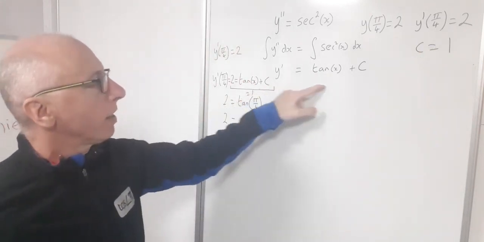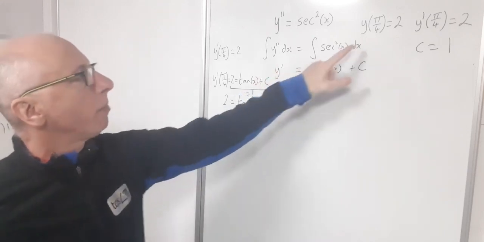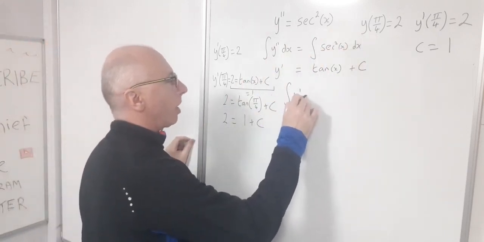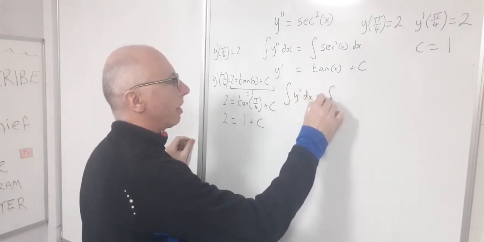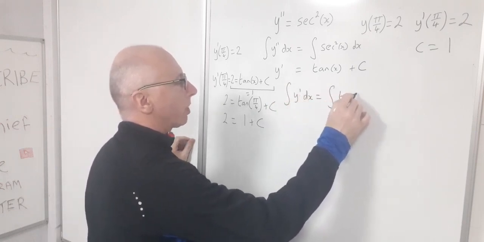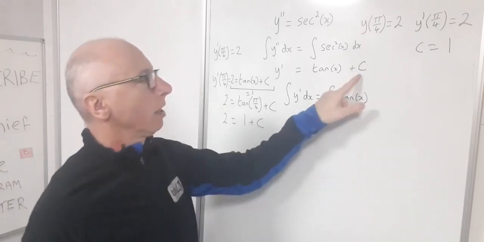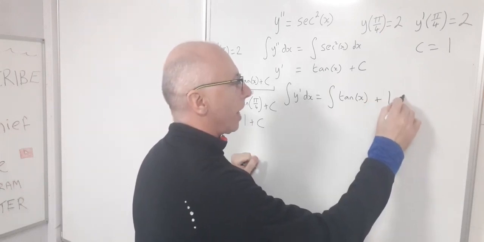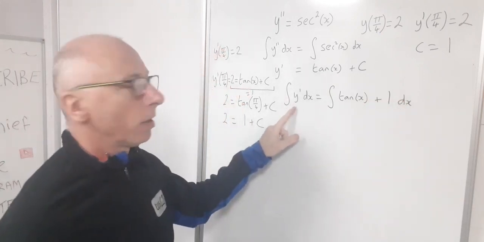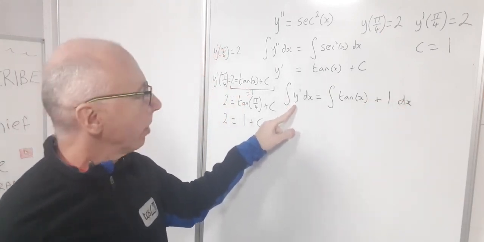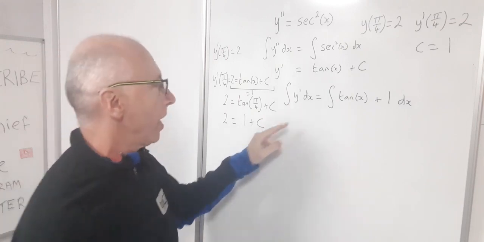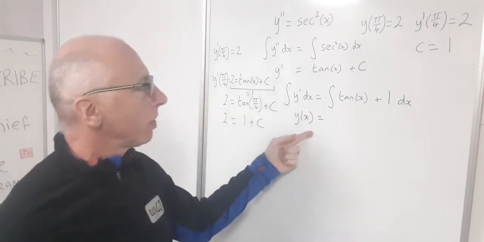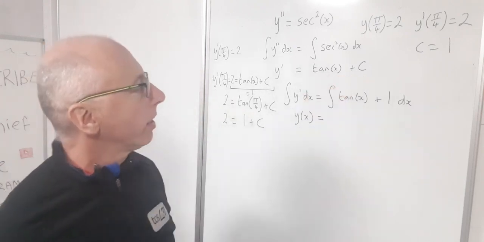Okay, now let's take the integral of this to try and find my y. So now I've got the integral of y prime with regards to x is the integral of tangent x plus c, which is plus 1, and then integrate that with regards to x. Okay, well this one here, the fundamental theorem of calculus will tell me that that's my y of x. So I can just put that straight in there like that. No constant of integration; I'm going to do it on the right hand side like I did here.